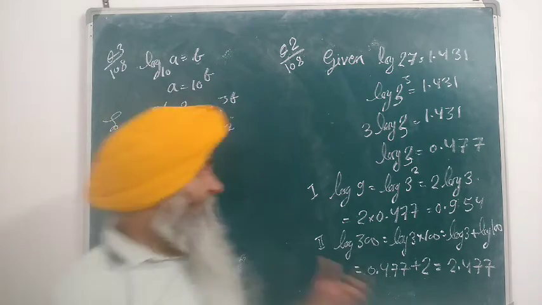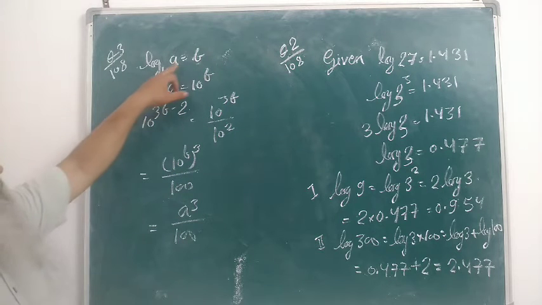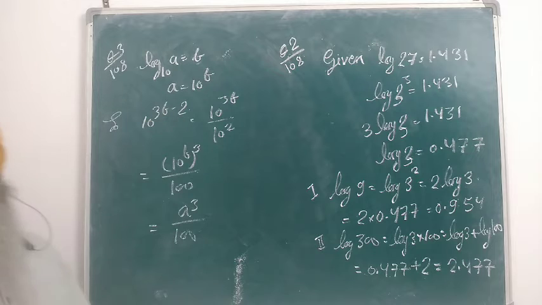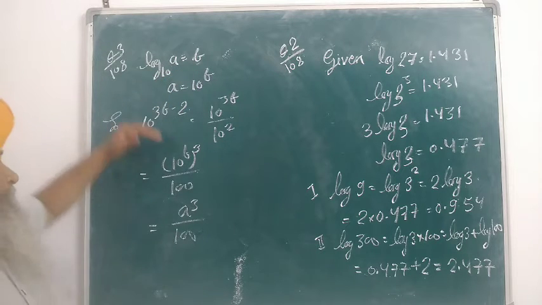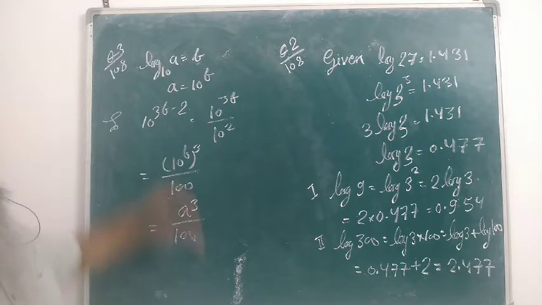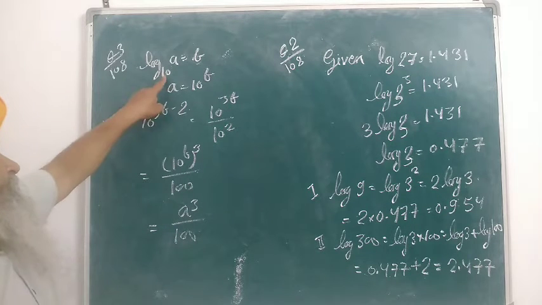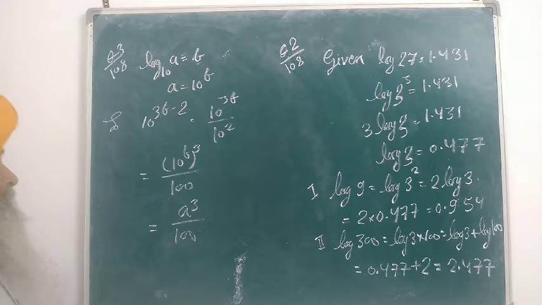Okay, now please come to question number 3. They are saying that if log a to the base 10 is b, what will be the value of 10 raised to 3b minus 2? So naturally, first, log a is equal to b, and in the asked part log is not required, so that will break into the exponential form. This 10 base shifted here, so a is equal to 10 raised to the power b.